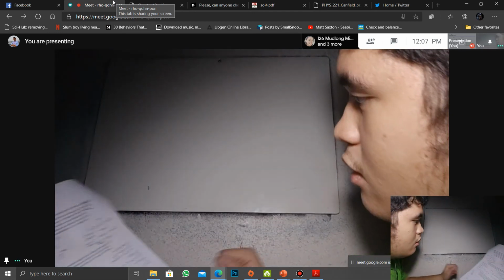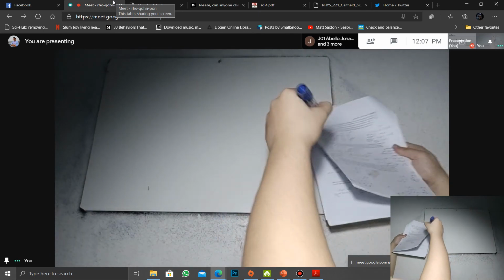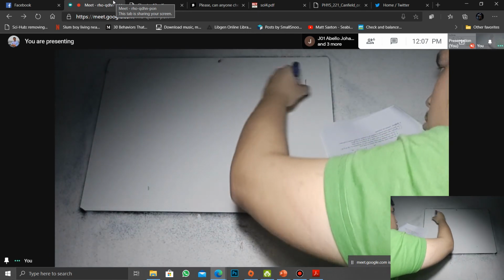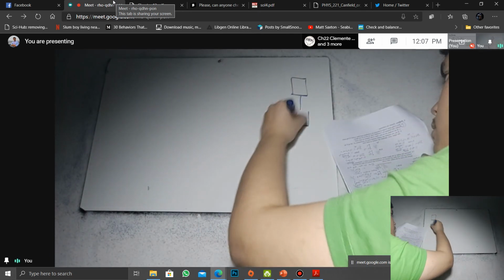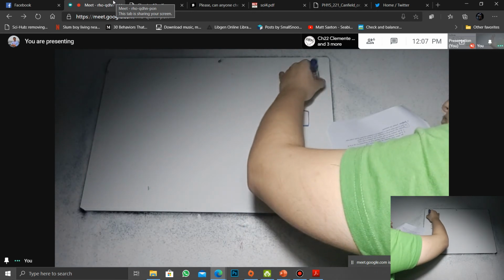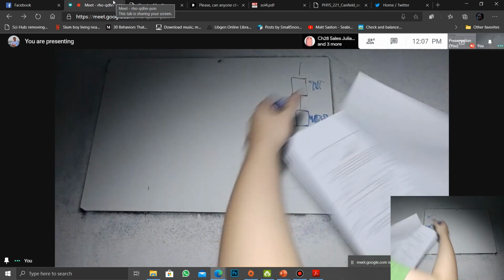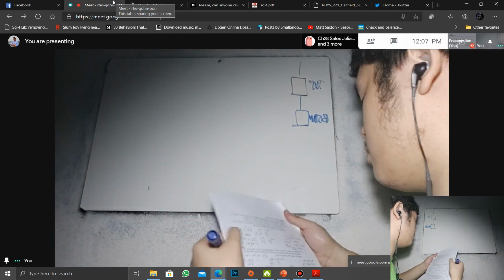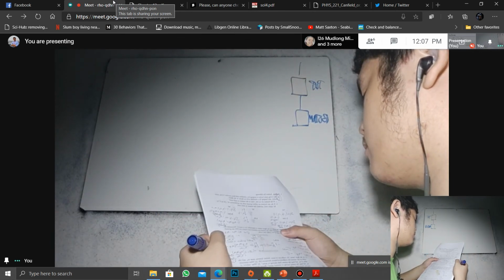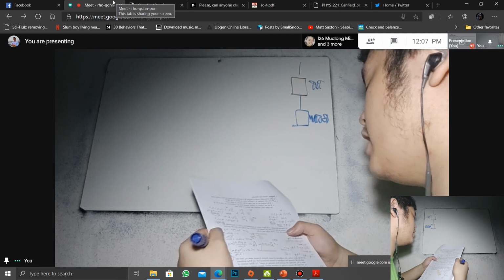For A, I'll do it like this: top, bottom. So first case, the buckets are at rest.